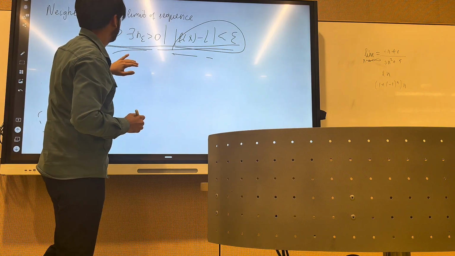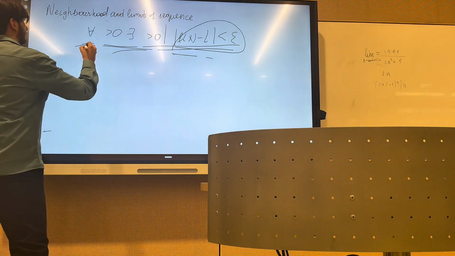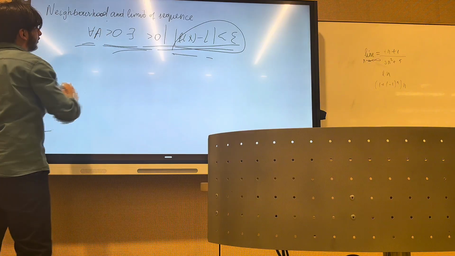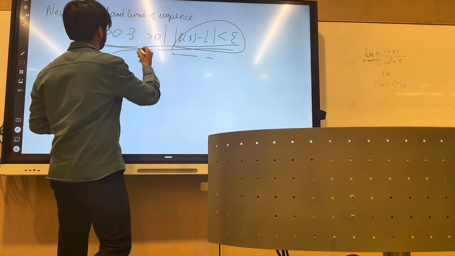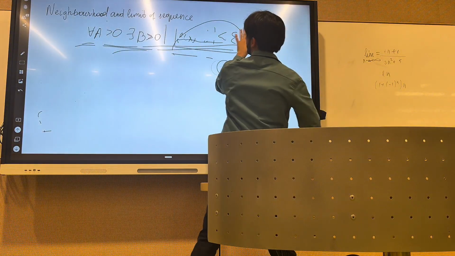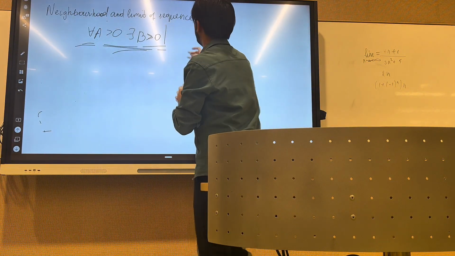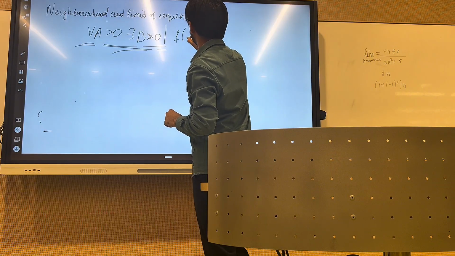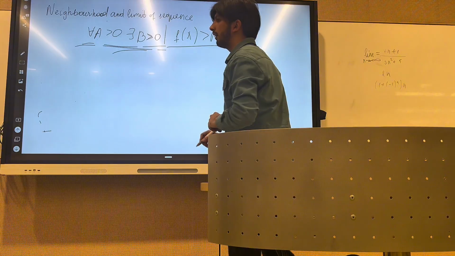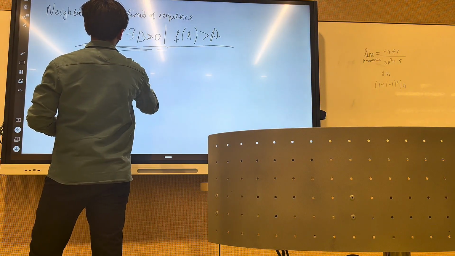For example, for all A more than 0, there exists some B more than 0, such that it is more than A. For example, an equals 2n, right?